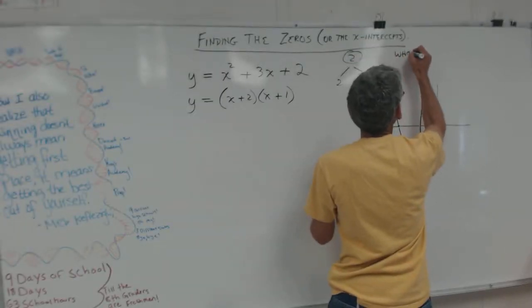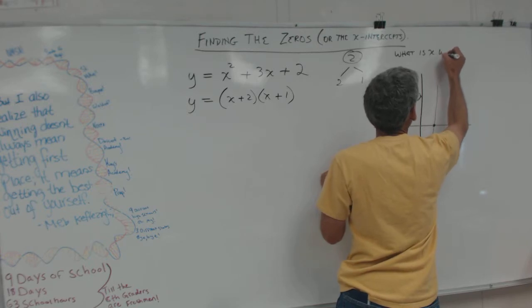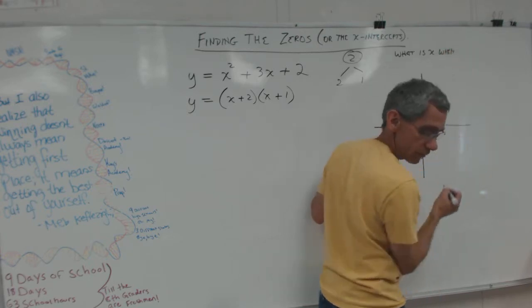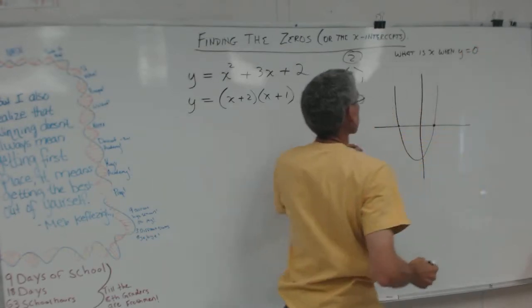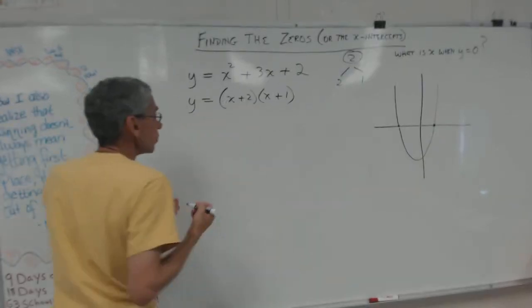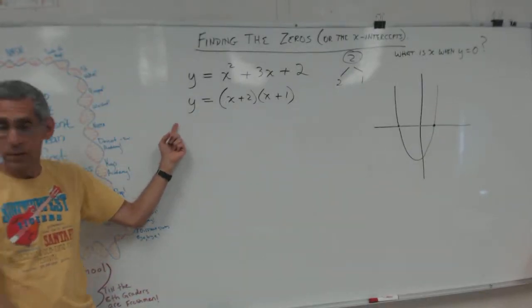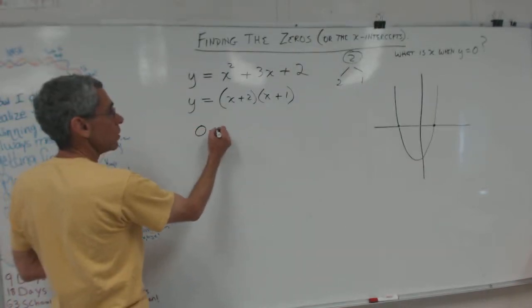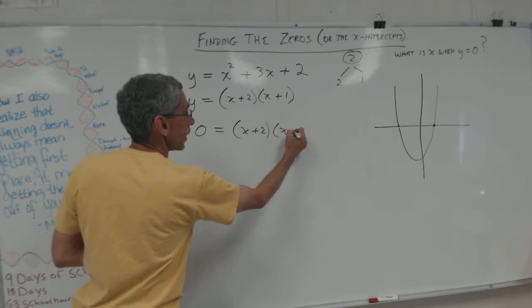What is x when y equals 0? That's my question, big question mark, right? So I am going to replace this y with a 0. You with me? So I'm going to now write 0 is equal to x plus 2 times x plus 1.